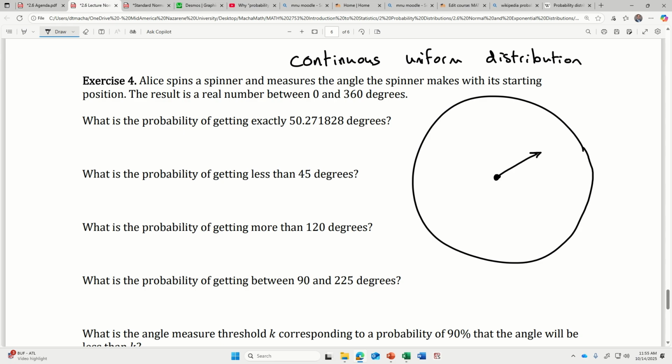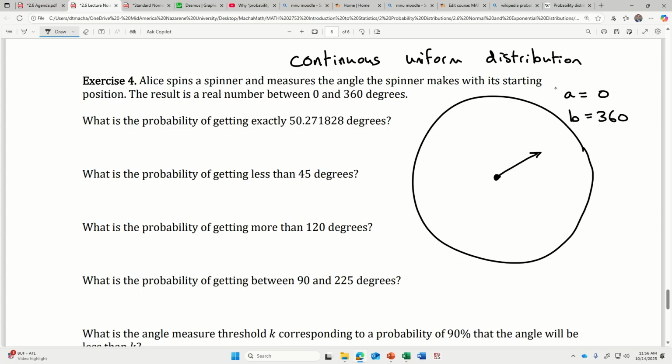For the continuous uniform distribution, because, if we get the spinner moving fast enough, then I would say any particular location on the spinner has equal probability of having the little thing land on it. And there's not a countable number of possible outcomes. It could land any range of angles between 0 and 360 degrees. And so this is a continuous uniform distribution with lower bound 0 and upper bound 360.